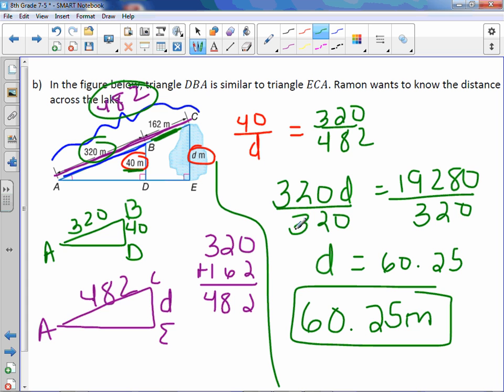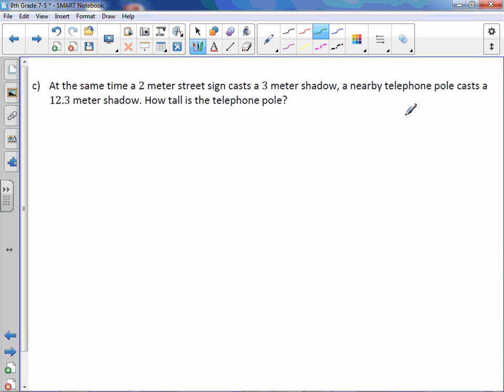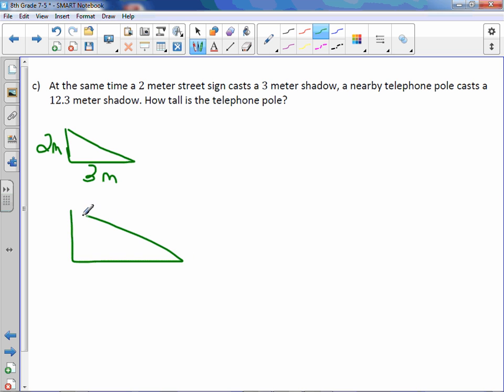Letter C. At the same time, a 2-meter street sign casts a shadow that's 3 meters long. A nearby telephone pole casts a 12.3-meter shadow. How tall is the telephone pole?